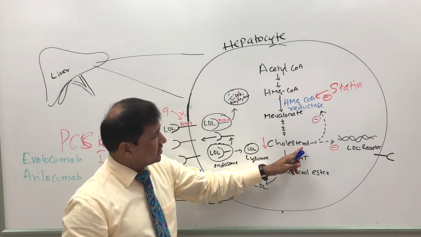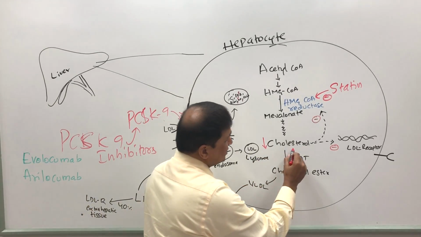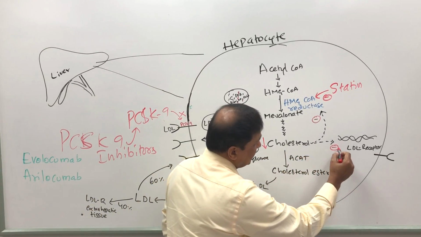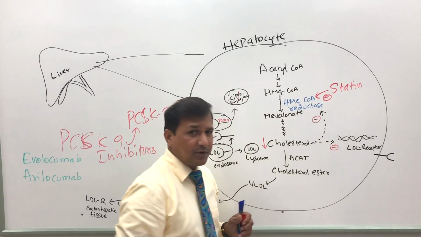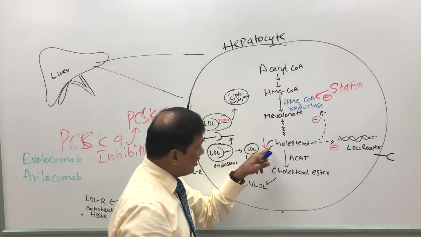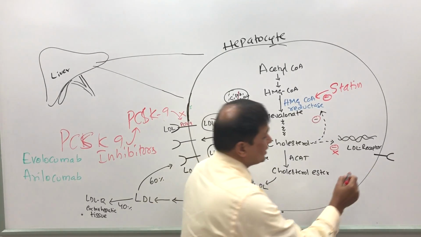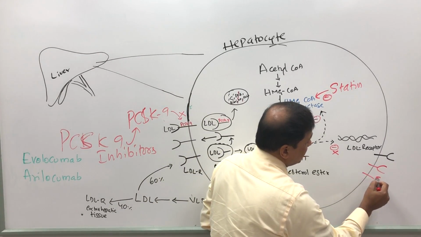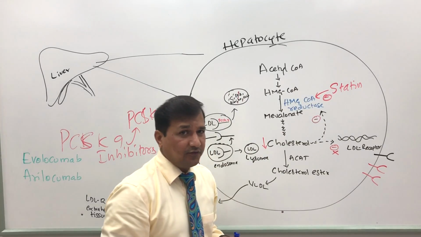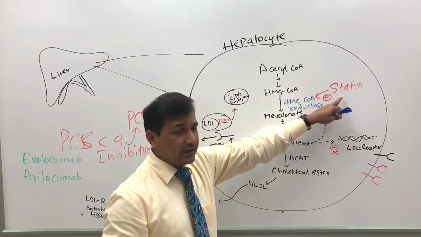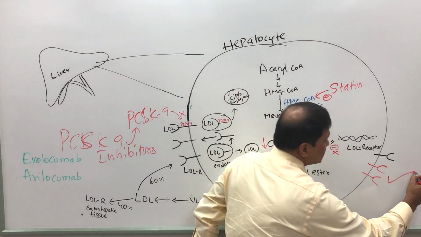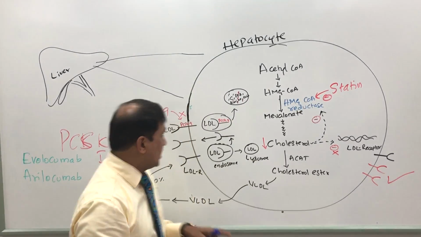Normally, whenever cholesterol is increased, it has a negative effect on LDL receptors. Now when there is a decrease in the cholesterol, this negative effect on the LDL receptor is not there. That means more and more LDL receptors are available on the surface. So treatment with statins increases expression of LDL receptors.